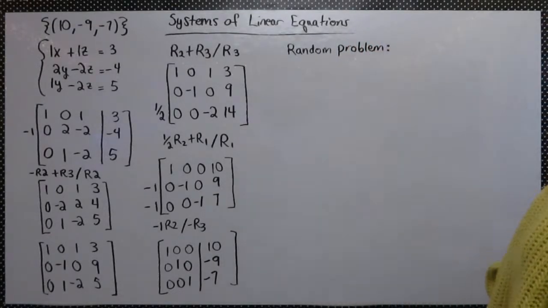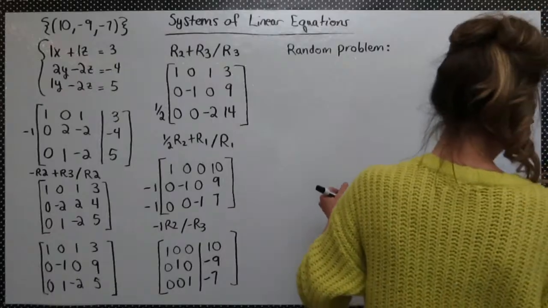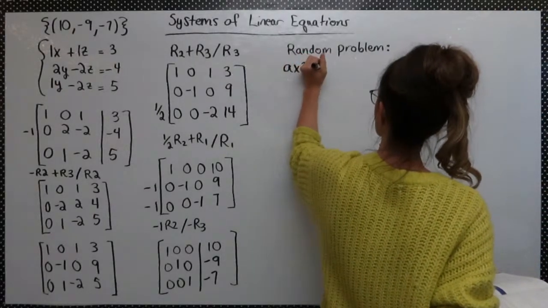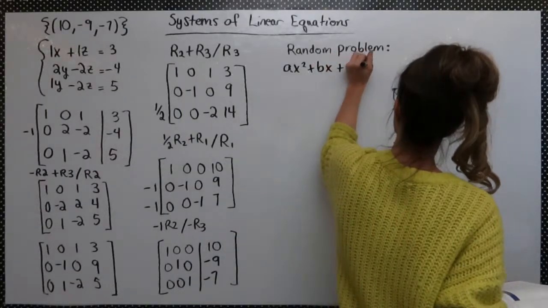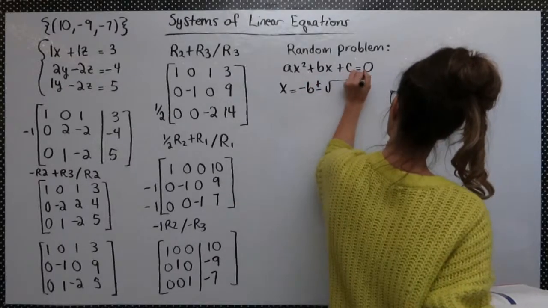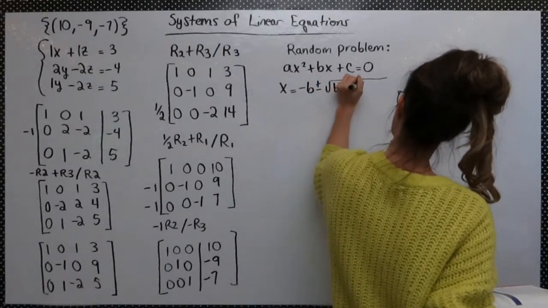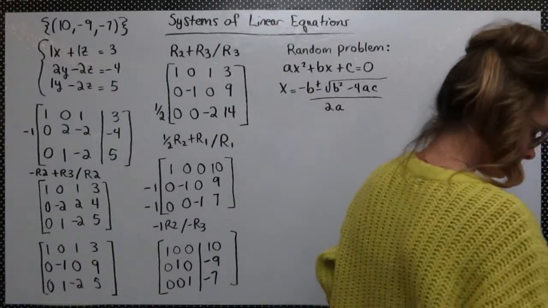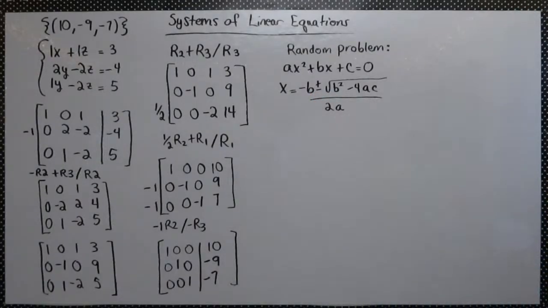So if you have ax squared plus bx plus c equals 0, then x equals -b plus or minus the square root of b squared minus 4ac over 2a. So we could just practice the quadratic formula, I guess, real quick.